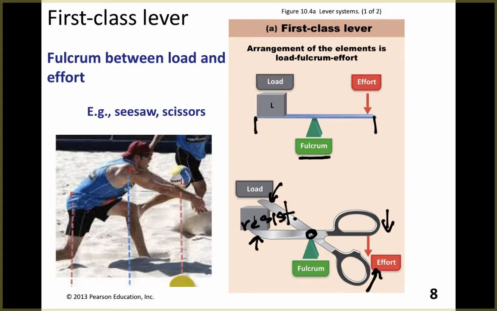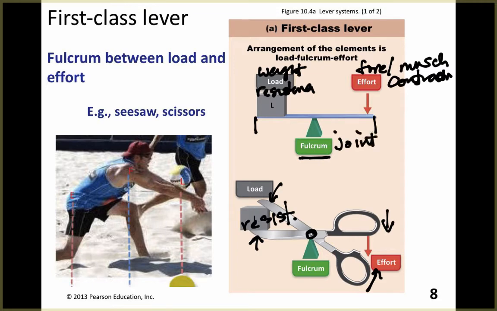So you can think, the load is resistance or the weight bearing, the force or the effort is otherwise known as a muscle contraction, and the fulcrum is the joint.